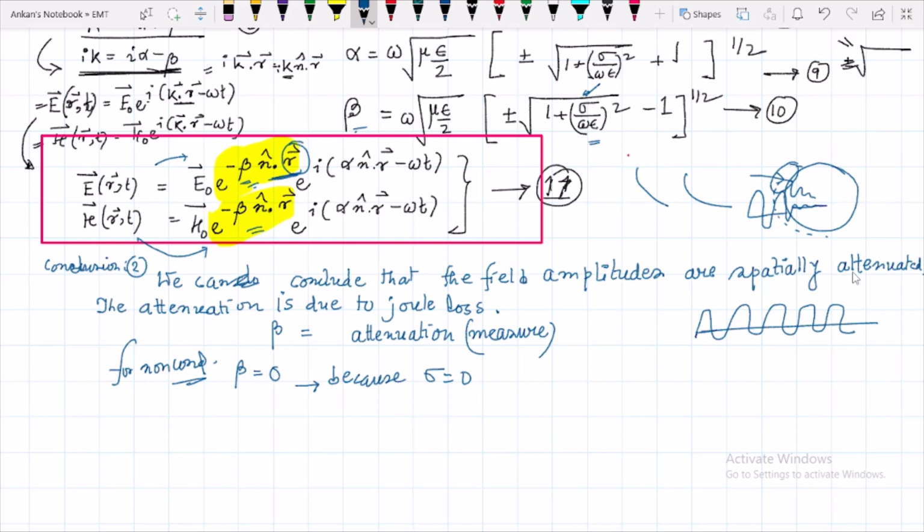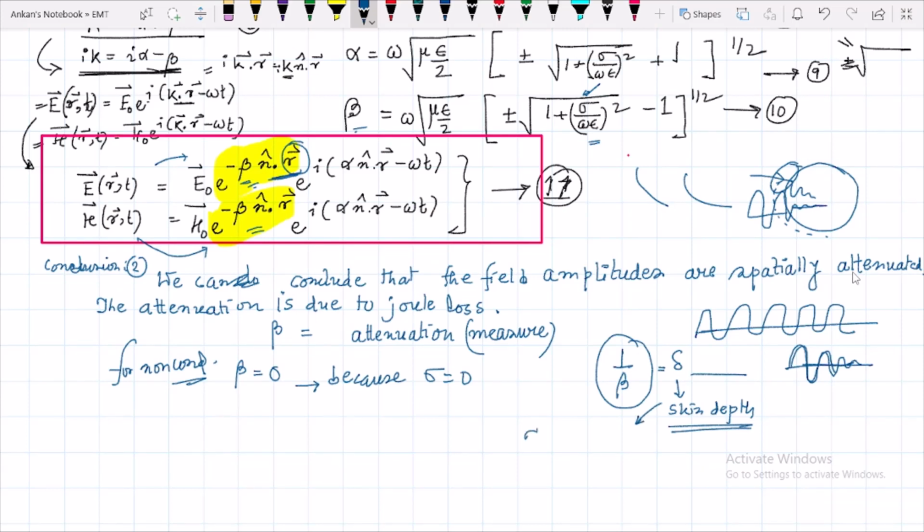Now the quantity 1 by beta gives some useful quantity. What does it imply? It implies the distance up to which the wave can flow inside the material. The amplitude of the electric field becomes exactly 1 by e times its initial amplitude at this distance, which is called skin depth. Let me define skin depth physically.